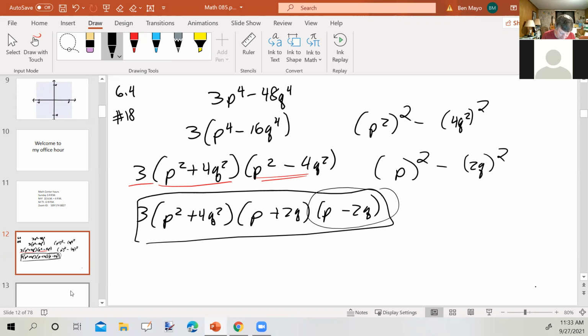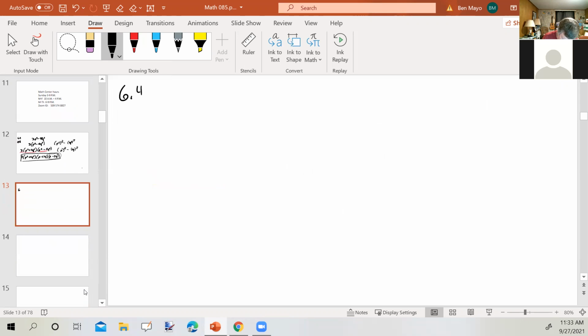All right, let's take a look at number 19 from 6.4. Number 19 says factor. If the expression is not factorable using integers, write prime. We have 36z squared minus 12z plus 1. So this is a trinomial, and it's in standard form, descending powers of the variable.